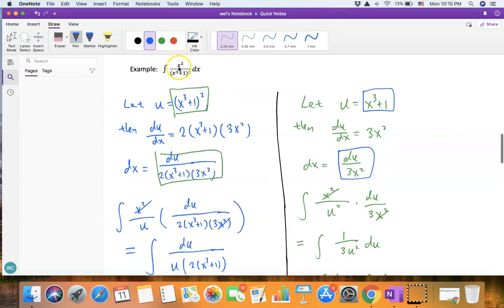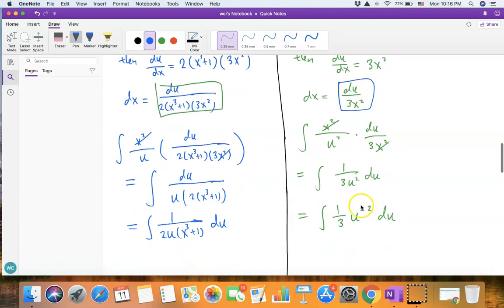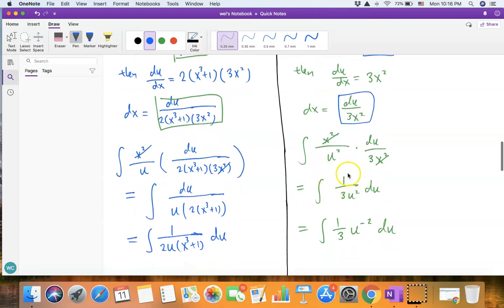Now, x squared over u squared, because x to the third plus 1 is replaced by u. Therefore, x to the third plus 1 squared becomes u squared, and the dx becomes du over 3x squared. After we cancel out the x squared, the integral becomes 1 over 3u squared du.